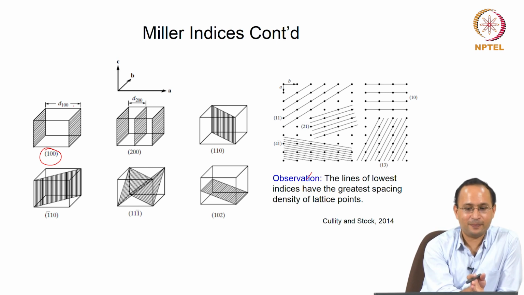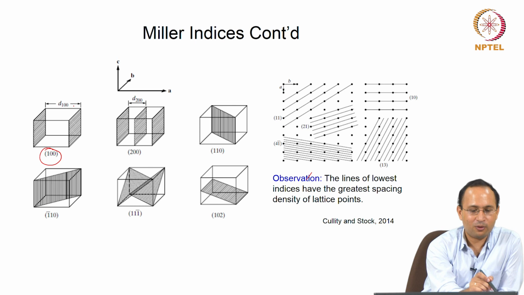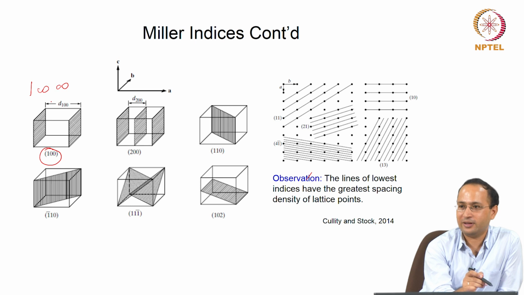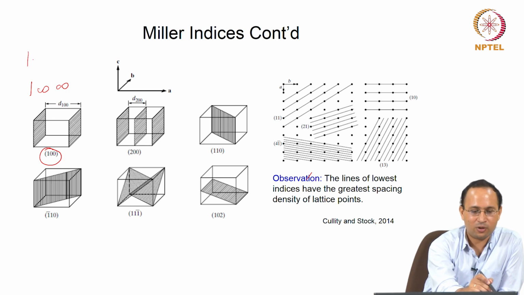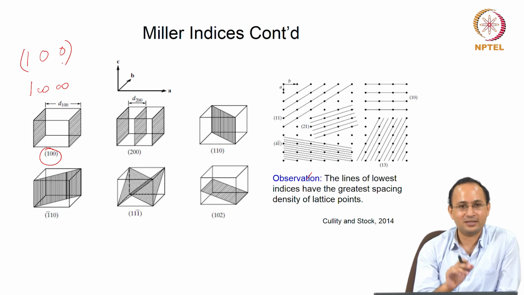Suppose this is the plane, it is having intercept of 1 with A. Infinity, it is not cutting B, it is not even cutting C. It says reciprocal of these intercepts. What is the reciprocal? 1, 0, 0. And the way you represent these planes is in parentheses. That's how you designate a plane.